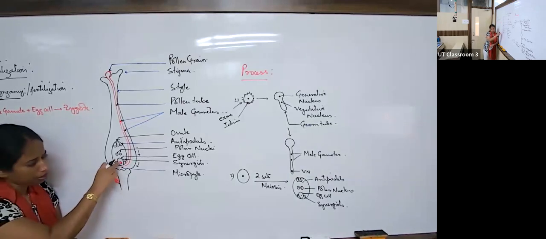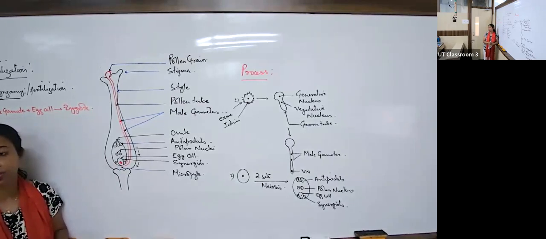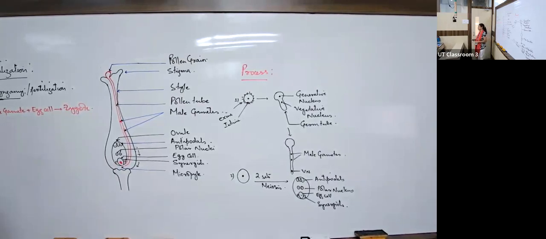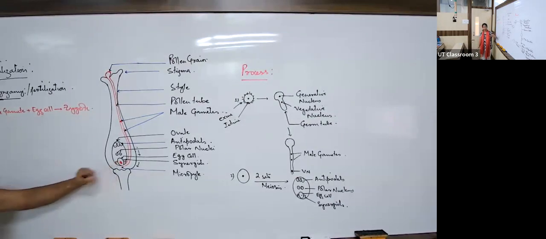But what will happen to the cytoplasmic parts now? The cytoplasm, I already told you. For a female gamete to be a potential gamete, not only in plants but also in animals, it should always have a large amount of cytoplasm, because the cytoplasm has the nutrients to supply for the process of cell division.